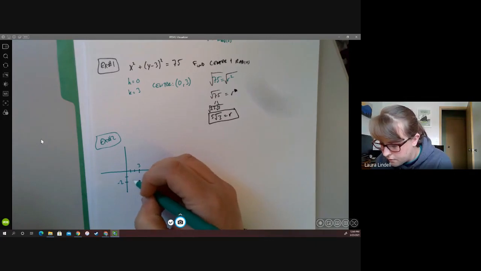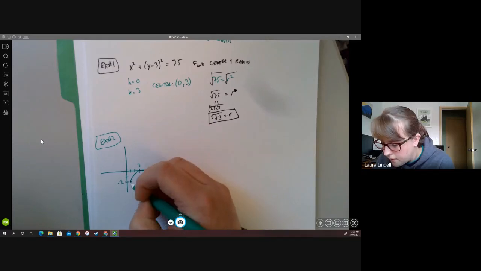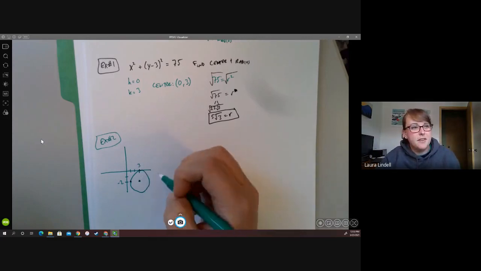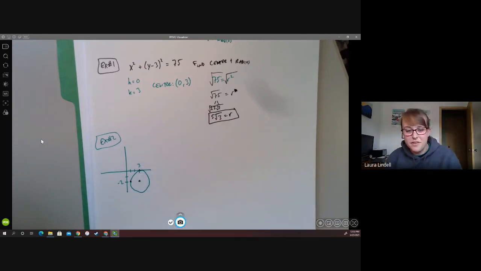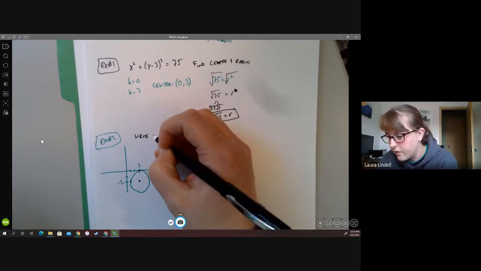Well, my circle is a little bit lopsided, but the intent was to draw an actual circle there. If my graph spacing was better, I probably would have ended up with a better circle. But anyways, we get the idea. On this one, we are going to be asked to write the equation of the circle.